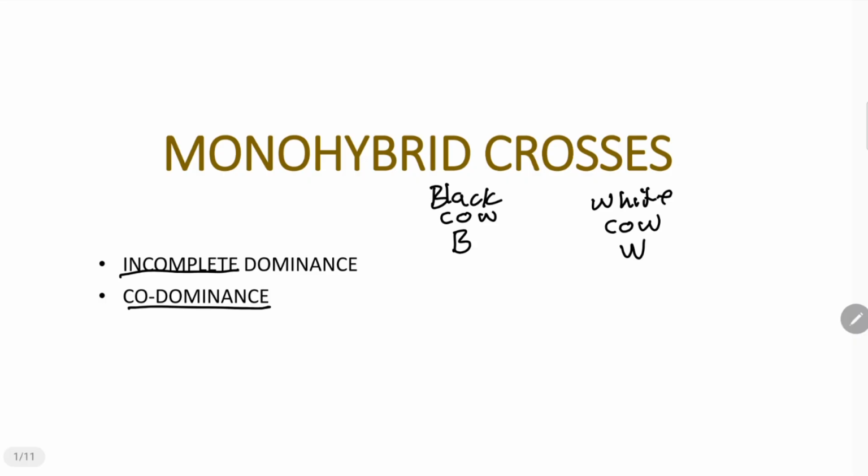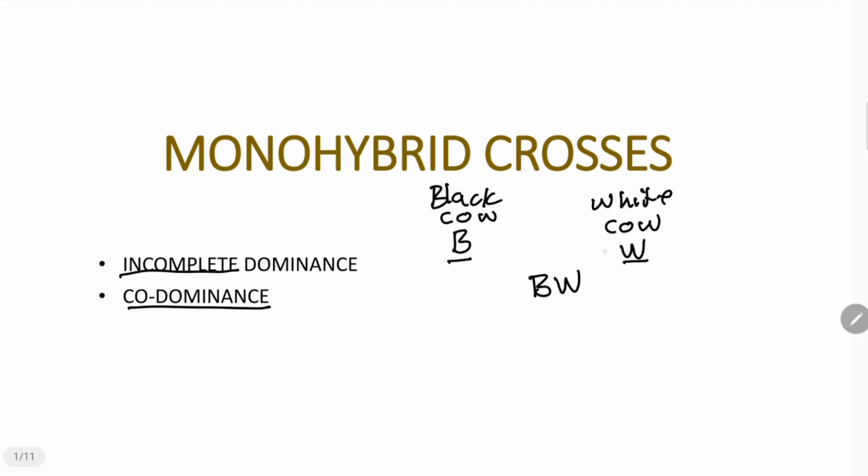Now in this case, if this black cow was crossed with this white cow, they would produce an offspring with the genotype BW. But B is written as a capital letter, telling us that it is dominant. W is also written as a capital letter, telling us that it is dominant. If this was an example of incomplete dominance, this cow would be black and this one would be white.